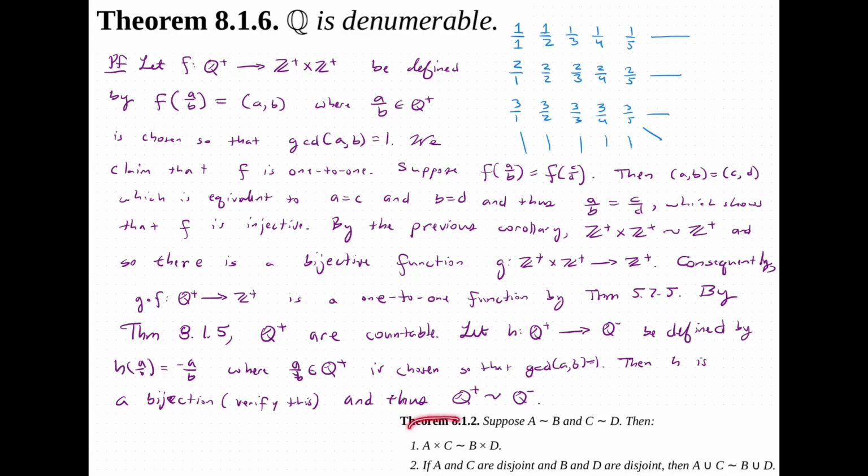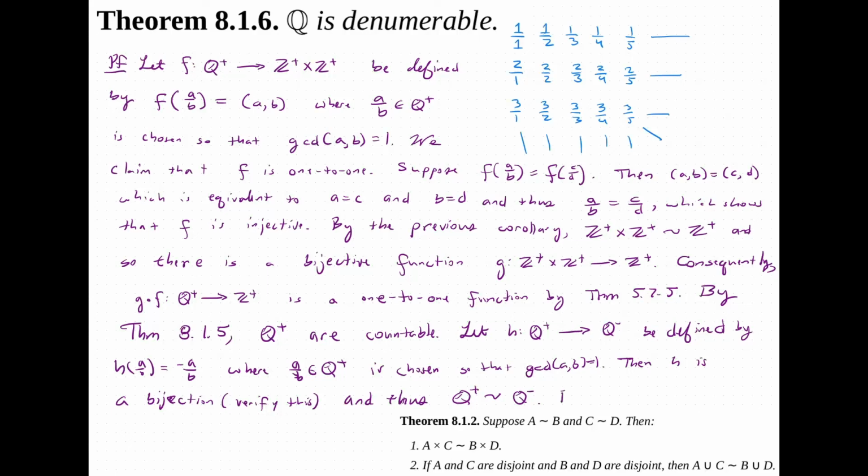So now we're going to use theorem 812 from last time, namely the second portion. If A and C are disjoint, and B and D are disjoint, and we have that A is equinumerous to B, C is equinumerous to D, then the union of A and C is equinumerous to the union of B with D. So now we have that since the positive rational numbers is equinumerous to the negative rational numbers, we get the following.